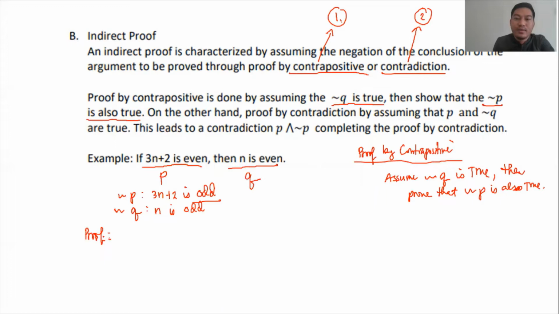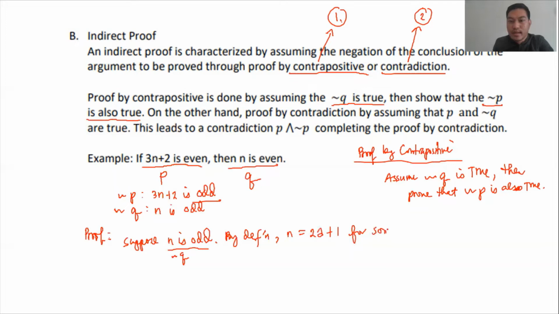The first thing that we need to do is assume that the negation of Q is true. So suppose n is odd. This is the negation of Q. By definition, n is equal to 2a plus 1 for some integer a.